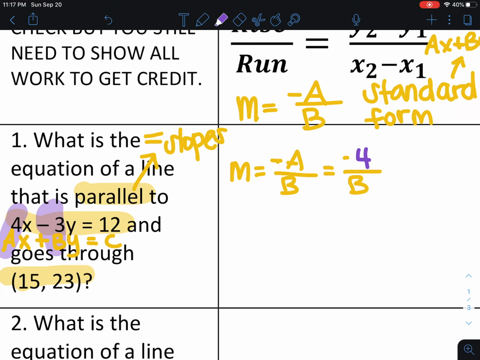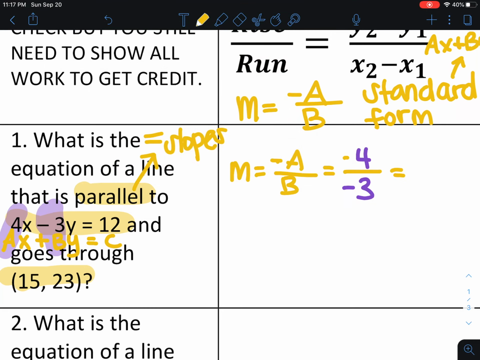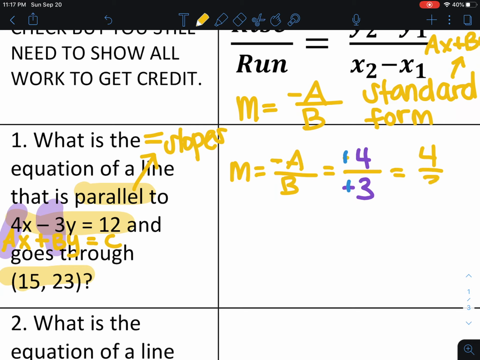I'm using a purple highlighter, so I'm going to write the replacements in purple. So b was negative 3, and so I'm going to write negative 3 in place of b. All right, cool. So looks like we're done. Uh-oh, I see a double negative. So don't forget, when you see a double negative, you need to change to positive. All right, so now we just have 4/3. Great. So that's my slope.